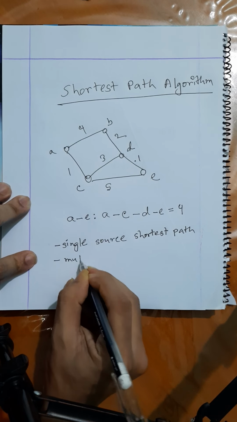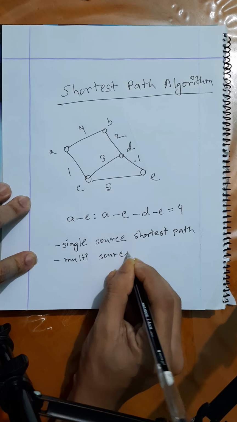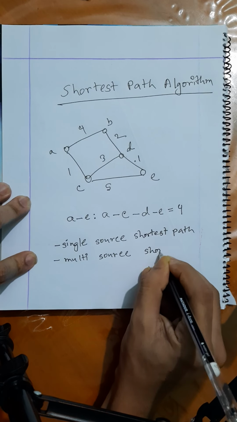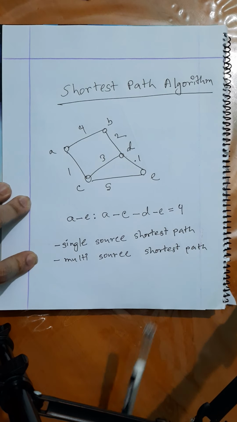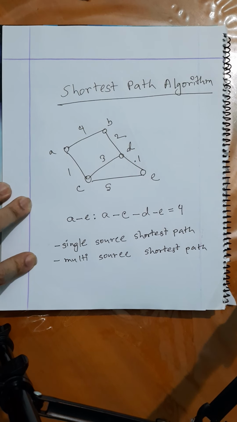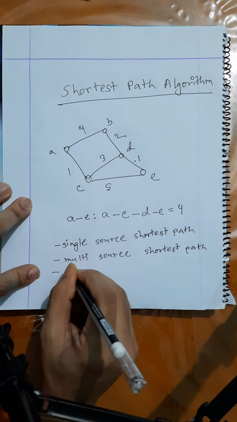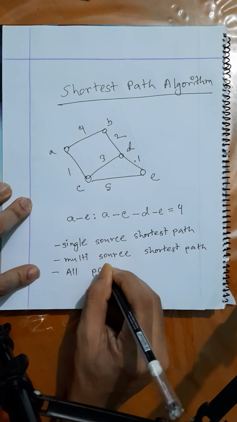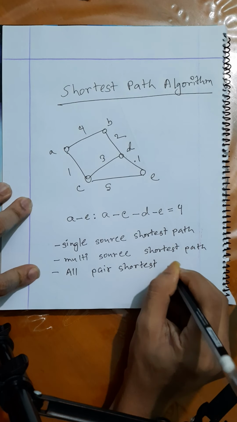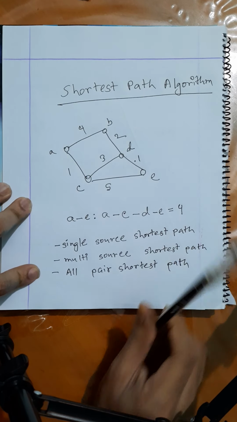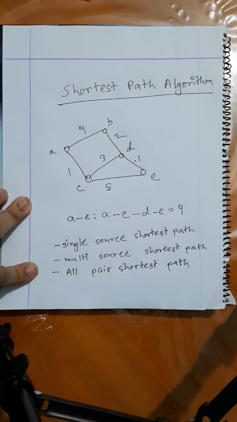And obviously the other kind will be multi-source shortest path. In this case, there will be multiple sources, and from those multiple sources, we will calculate the shortest path to different nodes. And there is another kind, that is all pair shortest path problem. In this kind of algorithm, we will calculate the shortest path between all the possible pairs.